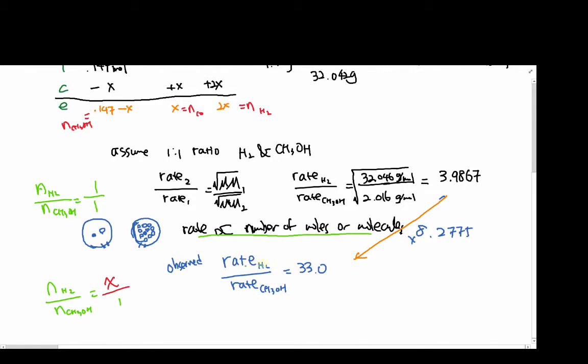Since we see more hydrogens, we have more moles, the same thing applies from here to here. If you multiply that, you are also multiplying 8.2775. In other words, every 1 mole you see from the effusion, every 1 mole of methanol, you're seeing 8.27 mole out of it.